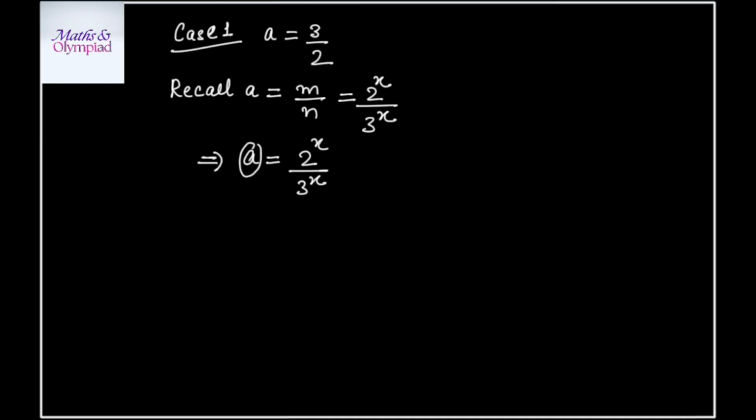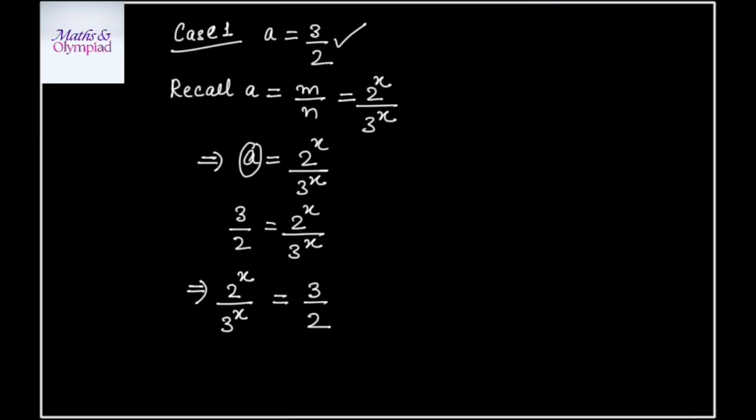Now in place of a, I can substitute the value of a, which is 3 over 2. I will write 2 raised to the power x over 3 raised to the power x on the left hand side and 3 over 2 on the right hand side.